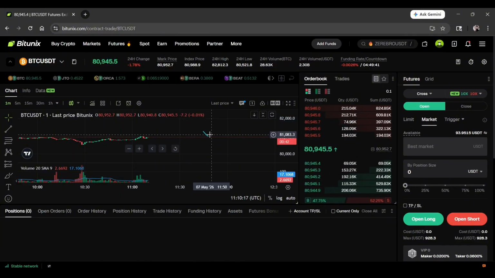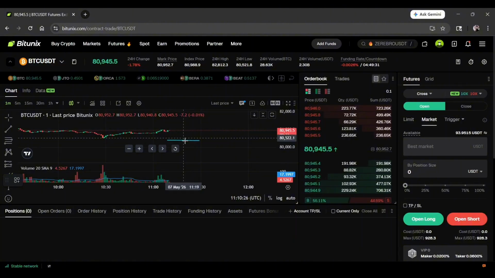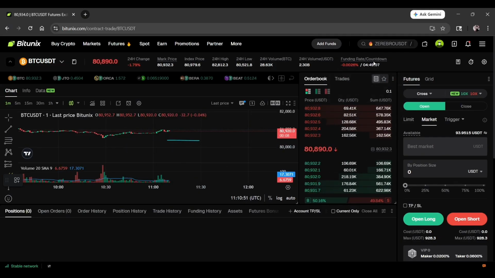So if the futures price is below the spot price, as it currently is, this means that short positions are going to have to pay long positions. This means that if you're currently short, in exactly 4 hours, 49 minutes, and 17 seconds, you're going to have to pay a fee, which is this much, which is 0.0026%, to everyone who is long.